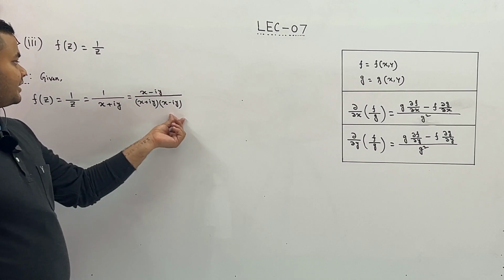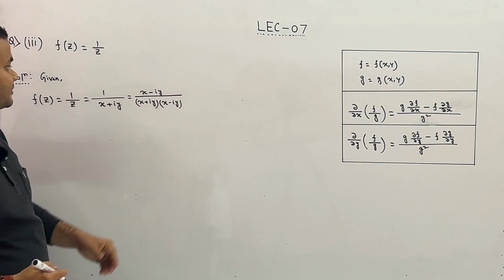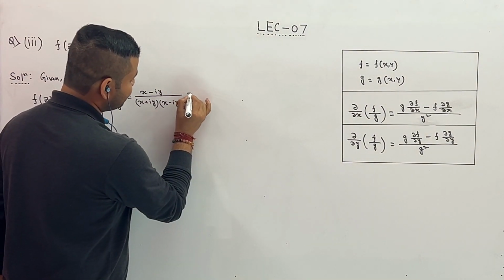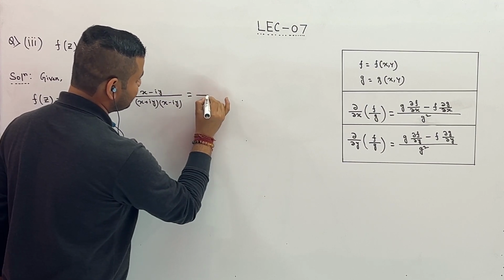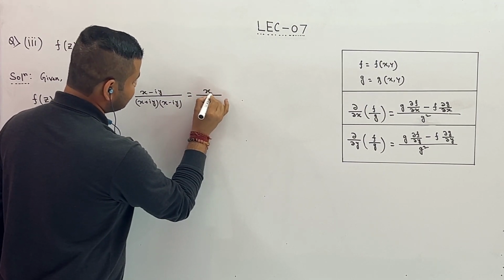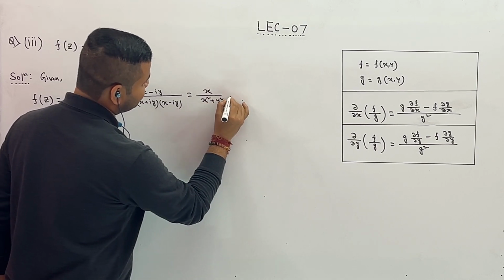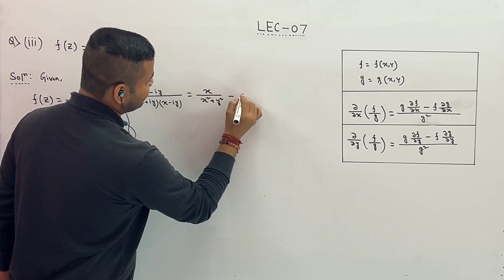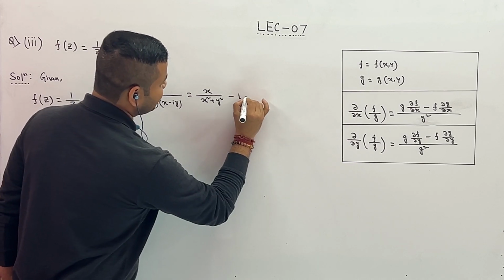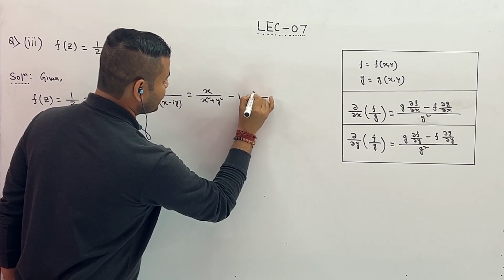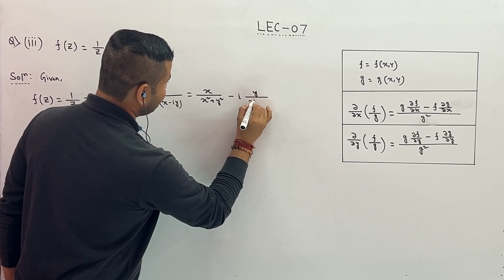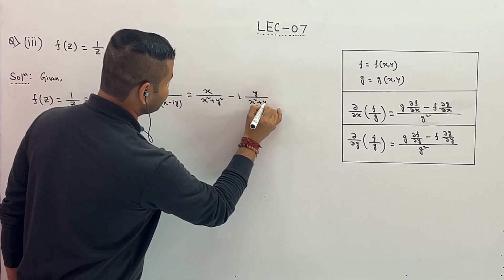Using the a plus b into a minus b formula, a square minus b square. So after simplifying we can write x divided by x square plus y square minus iota into y divided by x square plus y square.